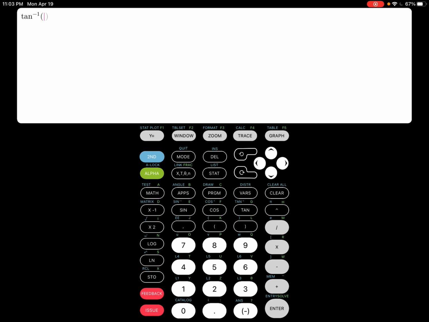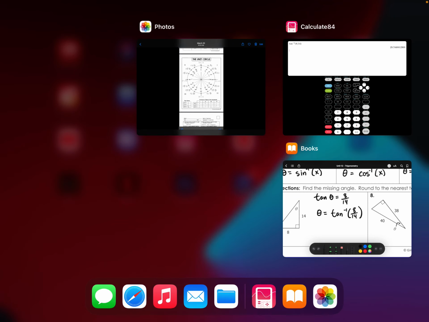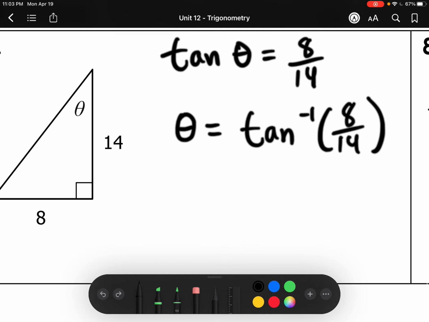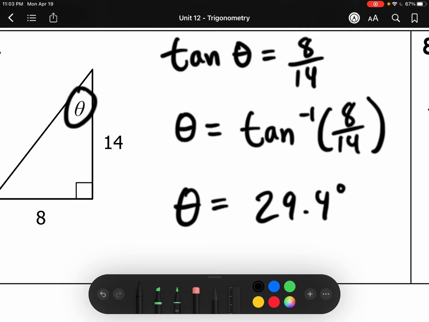We type in the inverse of tangent of 8 over 14, and that gives us our measure of the angle, 29.74. So we'll just round to 29.7. So in number 7, theta is equal to 29.7 degrees. That is the measure of this angle.